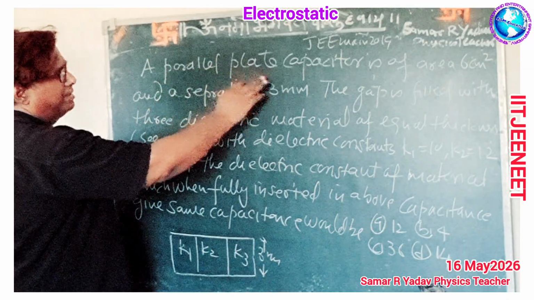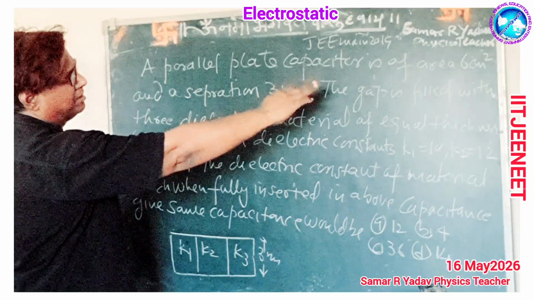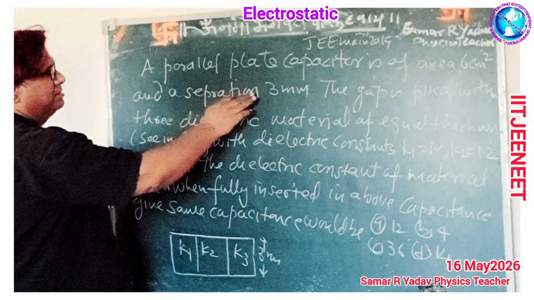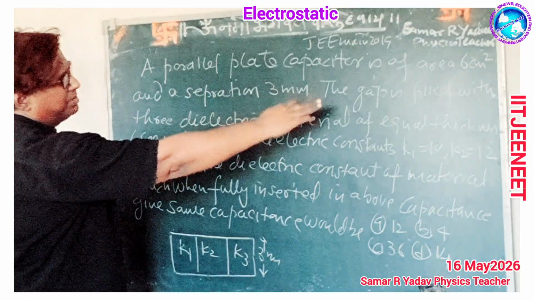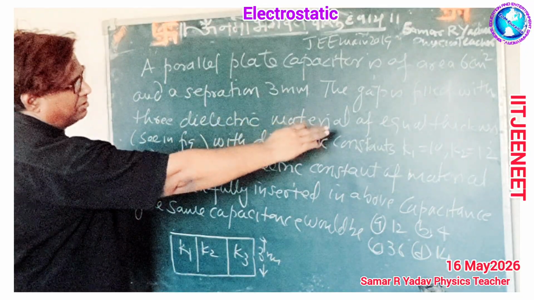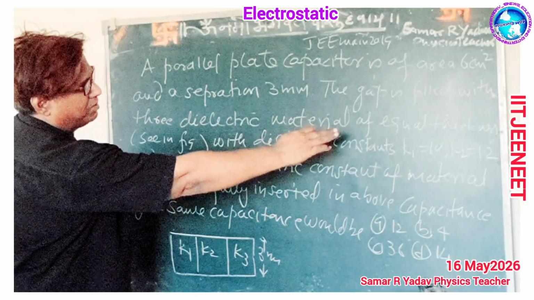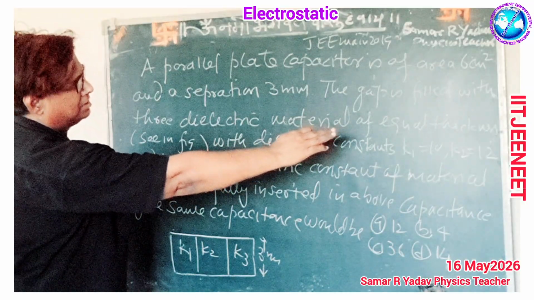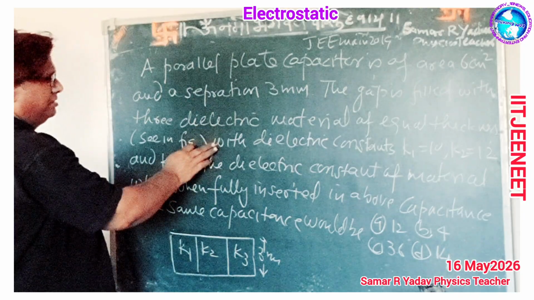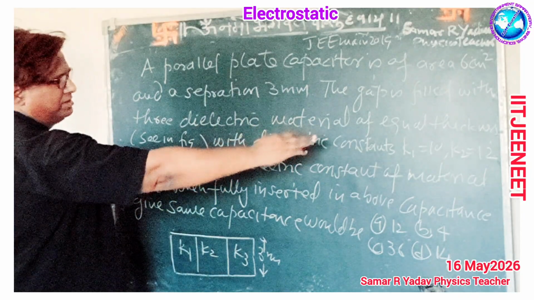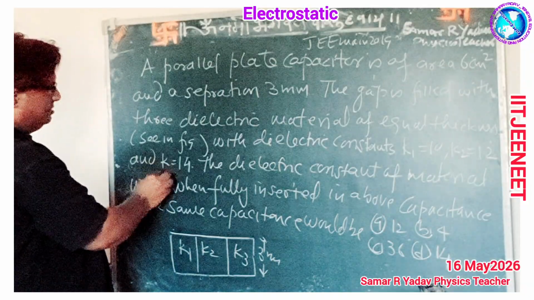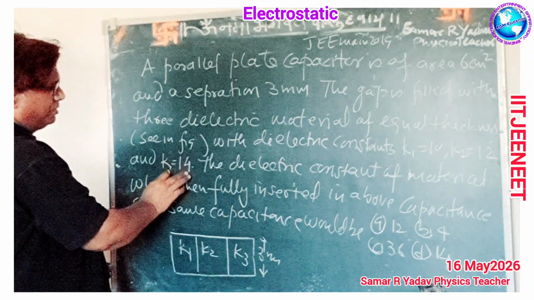A parallel plate capacitor is of area 6 cm square and separation 3 mm. The gap is filled with 3 dielectric materials of equal thickness. See in figure, with dielectric constant K1 is equal to 10, K2 is equal to 12 and K3 is equal to 14.